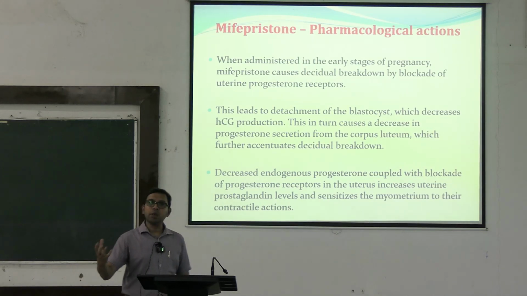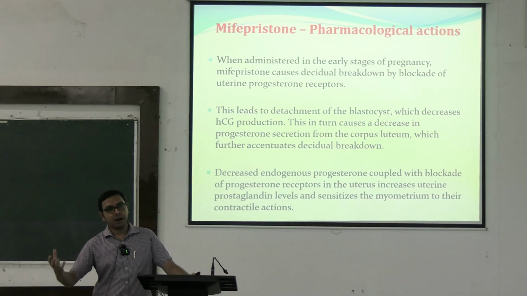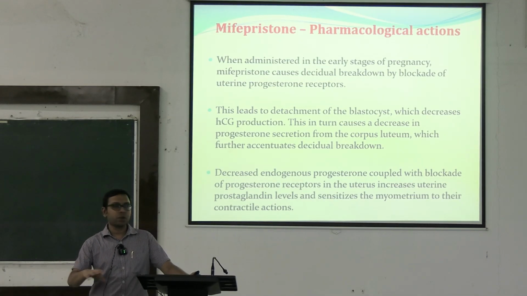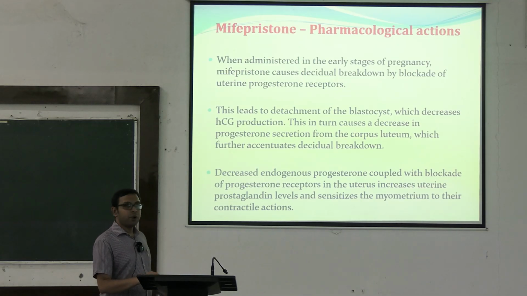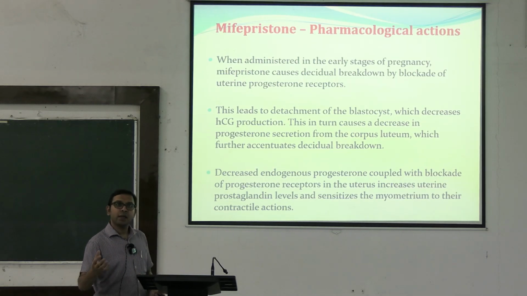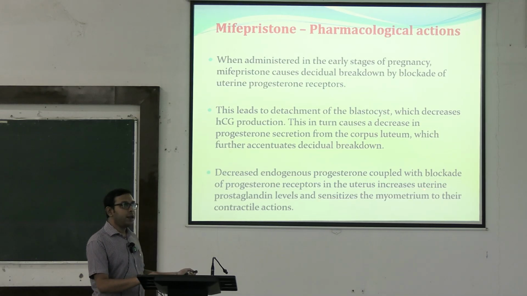Endogenous progesterone, that is the progesterone already present in the body, cannot act due to the presence of the mifepristone, plus blockade of the progesterone receptors of the uterus, plus there is less release of the progesterone from the corpus luteum. All this leads to increased uterine prostaglandin level and ultimately sensitizes the myometrium to their contractile action.